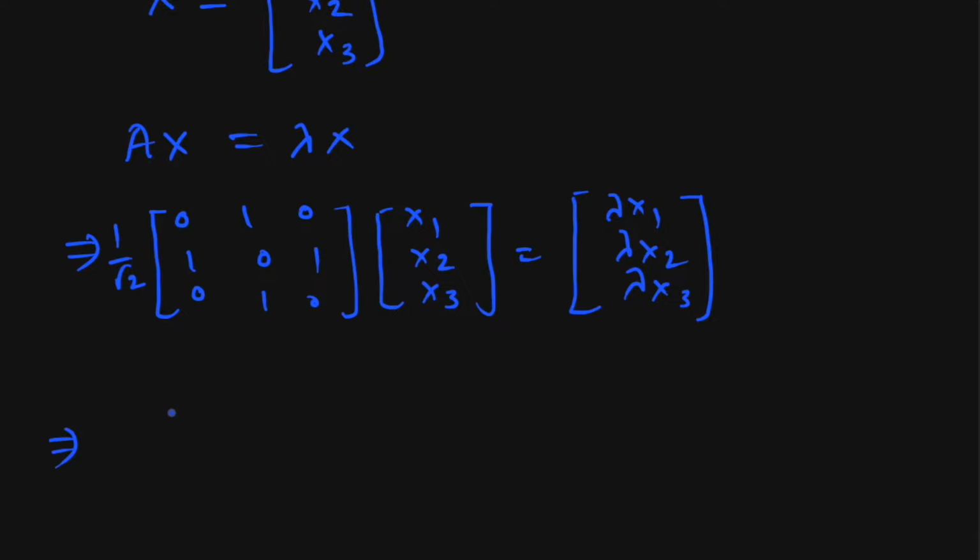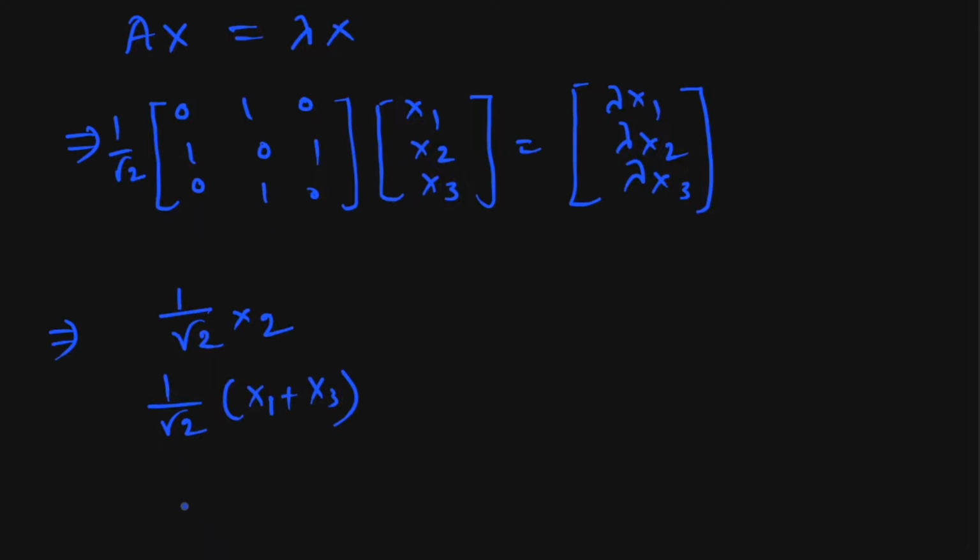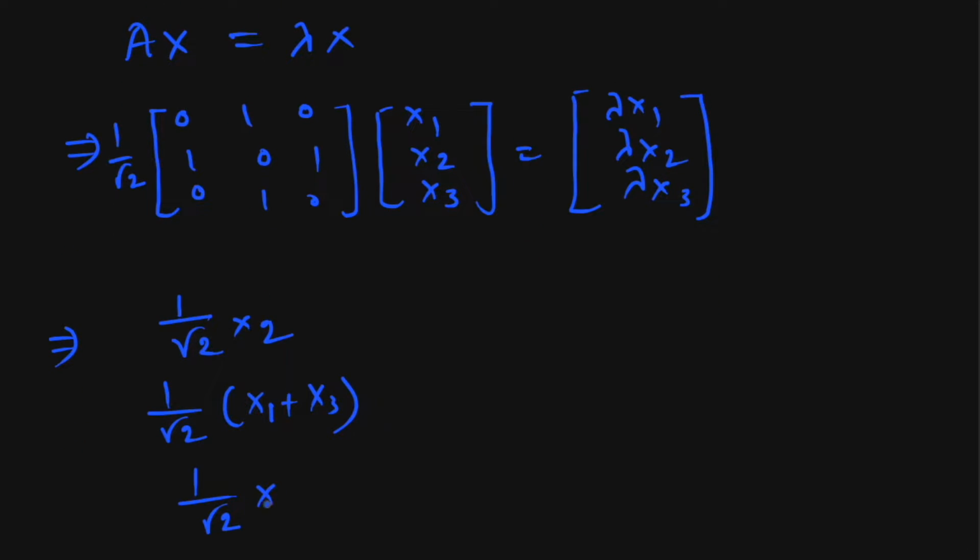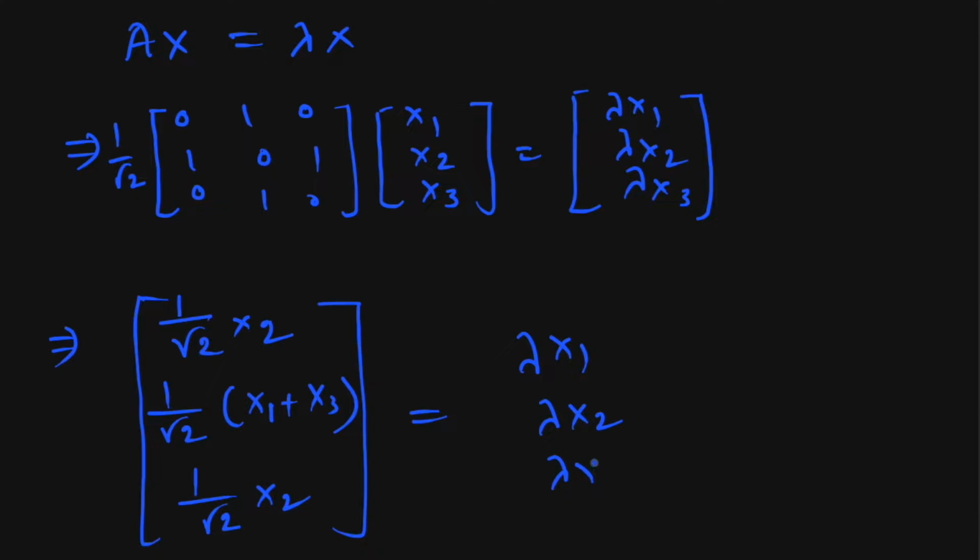This means 1 by root 2 x2, 1 by root 2 (x1 plus x3), 1 by root 2 x2 is equal to lambda x1, lambda x2, lambda x3.